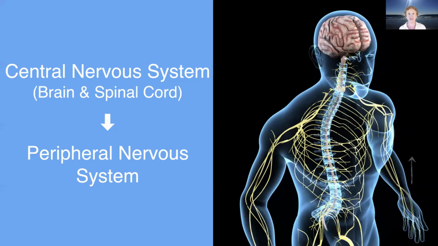So let's have a look at that nervous system because it's the main one that can help us understand what's going on when we are stressed. So the nervous system is pretty complex, and I'm going to break it down into very simple chunks here. But essentially, the central nervous system is our brain and our spinal cord. So the brain is a bit like the orchestra conductor that's sending signals out via the spinal cord to various parts of the body.